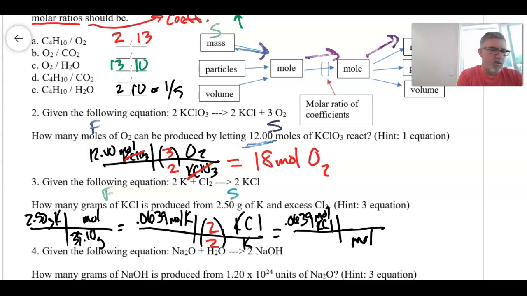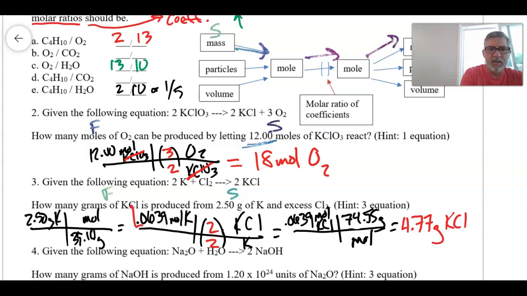My molar mass of KCl is 74.55 grams. When I multiply that out, I get 4.77 grams KCl. I have three equations here.